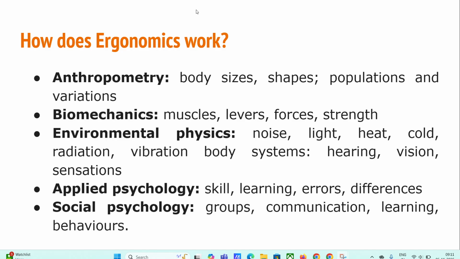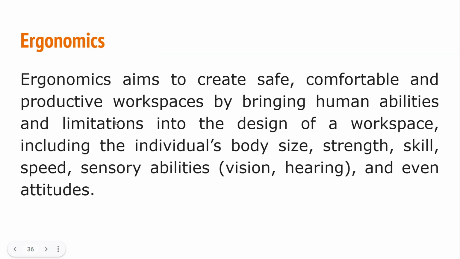How does ergonomics work? Suppose we take the example of a chair. Height is adjustable, grip-friendly tools, or dashboard design for easy reach. It considers body size, shape, population, and variety, drawing on biomechanics, environmental physics, applied psychology, or social psychology.